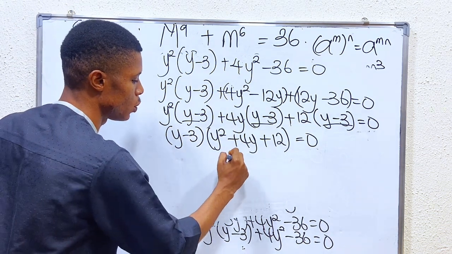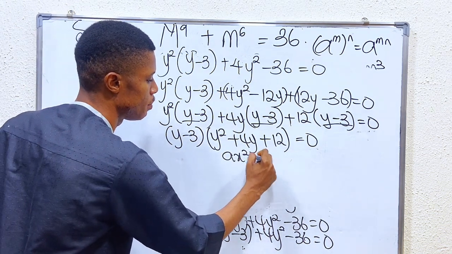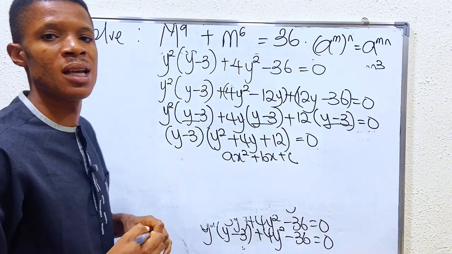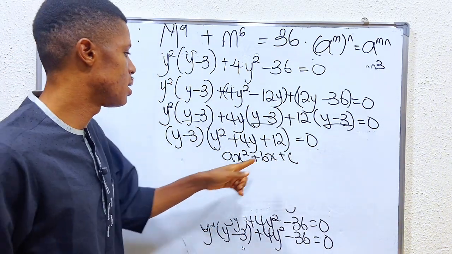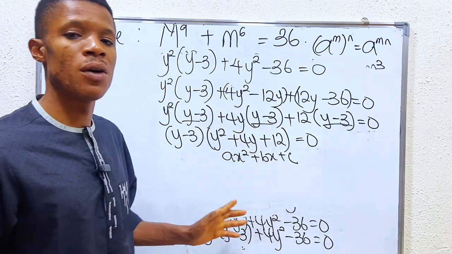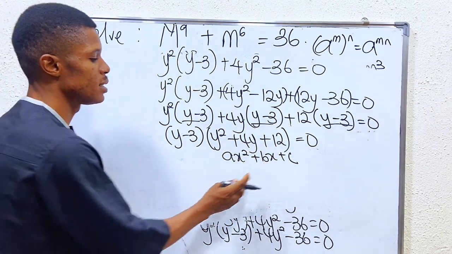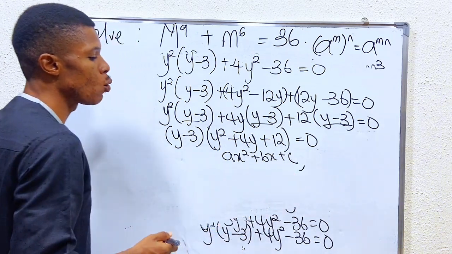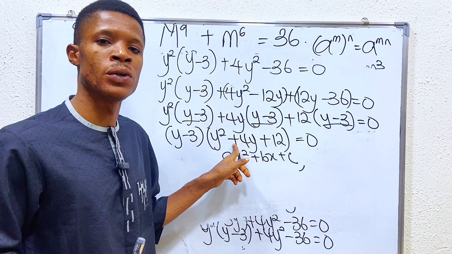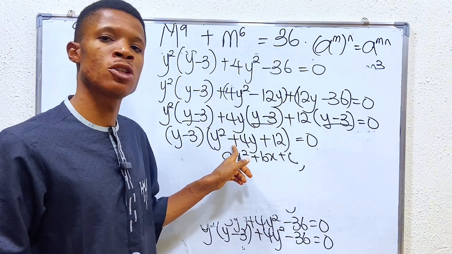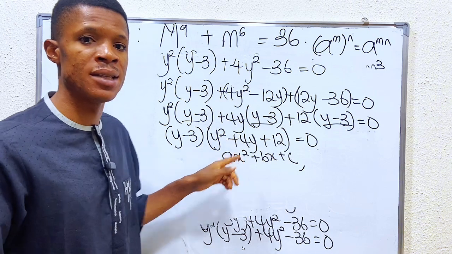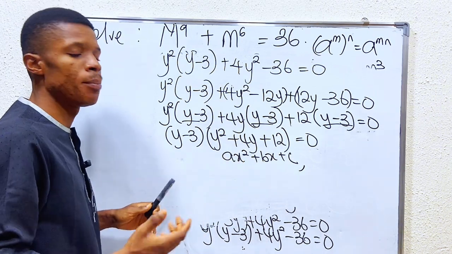We know that in a quadratic, we have ax squared plus bx plus c. There are no two numbers that multiply to get 12 and add to get 4, so it's not factorizable. So let's check whether the root of this quadratic function is real, so that we won't get a complex root.